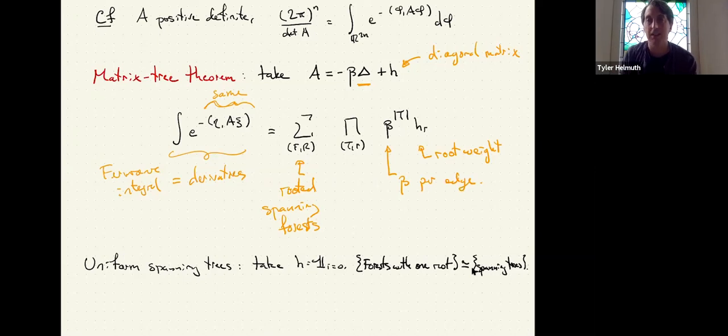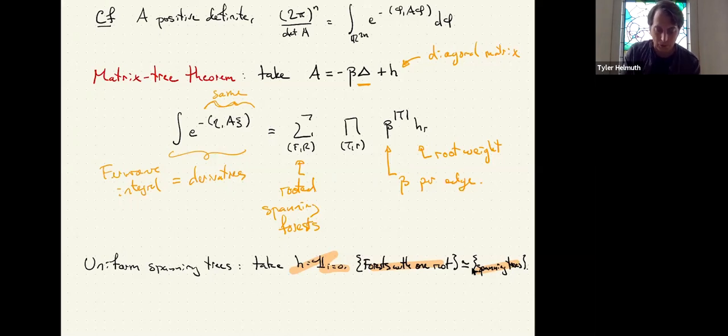And just to see that the one you're more familiar with is basically a special case, what happens if we take the diagonal matrix H to be non-zero at just one entry? So take H to be the indicator that i is some fixed vertex 0. Well, then the set of forests with one root is exactly the same as the set of spanning trees, because if every tree must have exactly one root in it, having only one possible place where the root weight is non-zero restricts you to having trees.